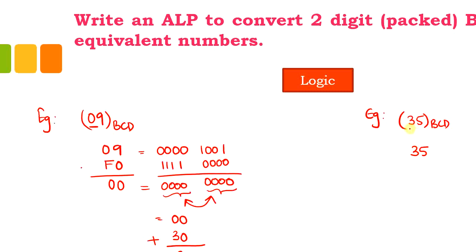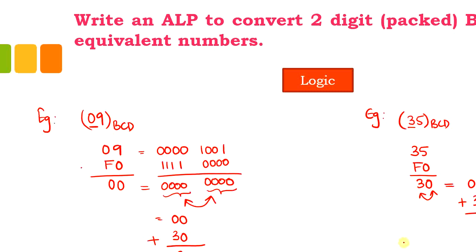Because I want only the higher nibble in the beginning, I'm going to mask this with F0, and the result of this operation would be 3 0. Now this 3 0 needs to be swapped because it should come in the form of a lower nibble. So on doing that, the equivalent of this will be 0 3. Add it with 30 and you get the result as 33H.